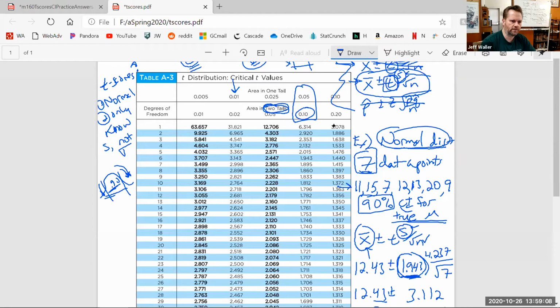How much is in one tail then? 5% in one tail. Either way you look at it, you're in the same column. In the next chapter, it's going to make a lot more sense why we have these two rows. We're going to have certain tests that are one-tail tests and certain tests that are two-tail tests, and you just go to the right place. All right. Now, how's everybody else?